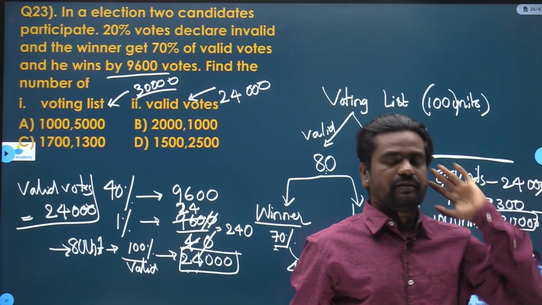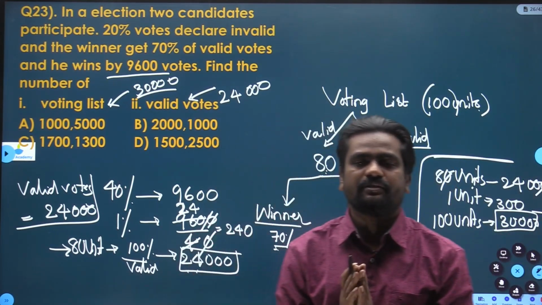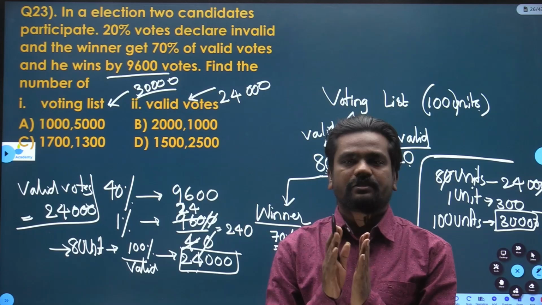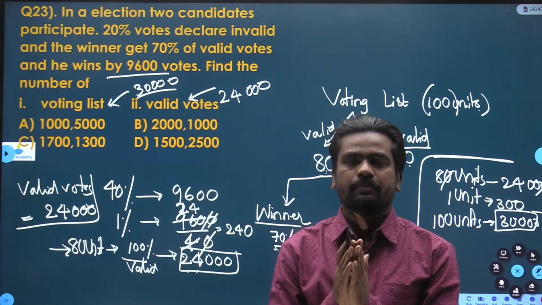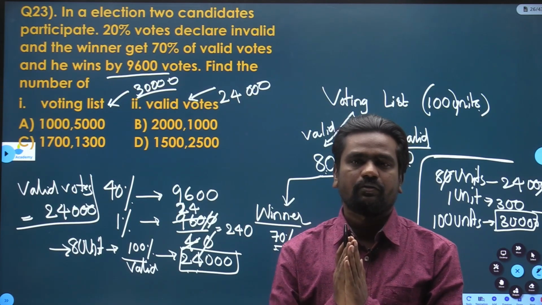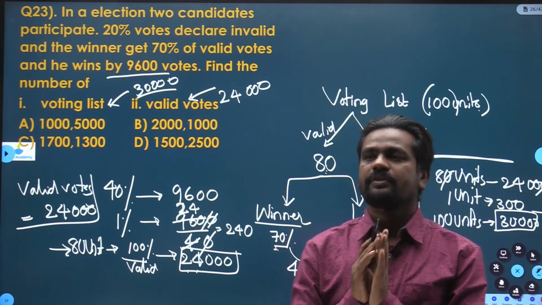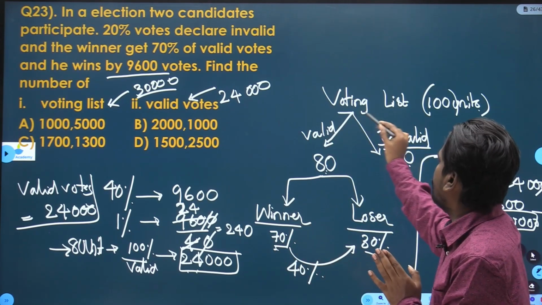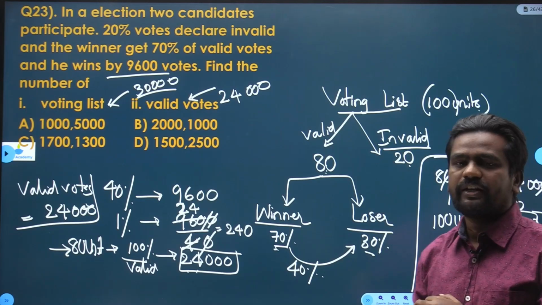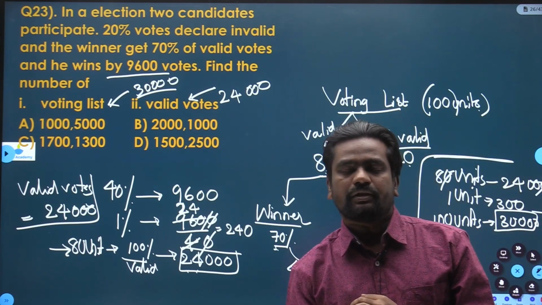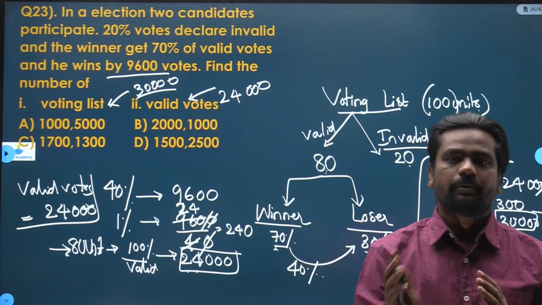In this question, the basic concept is that when people go to vote, the voting list is prepared by the Election Commission of India. In the voting list, some people may choose to vote, some may not.